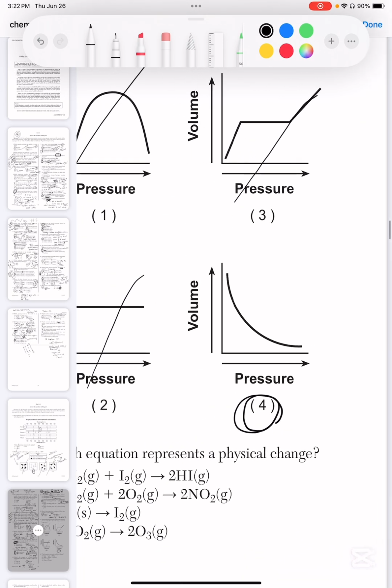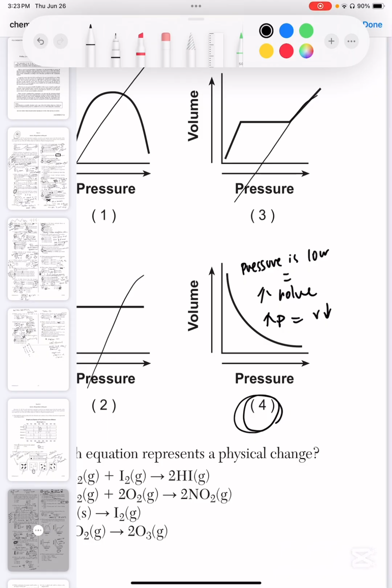So what this is saying is that when the pressure is low, there's high volume, but as you start to increase the pressure, the volume decreases.